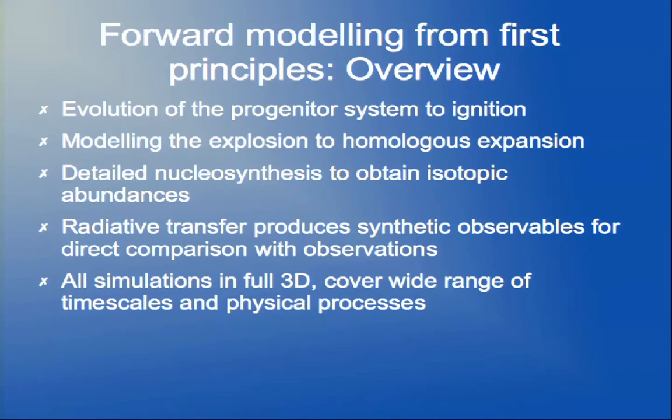And then we use radiative transfer simulations that model the ejecta flying apart for several weeks to months to obtain synthetic observables, spectra and light curves mainly, and then we can compare those directly with observations.